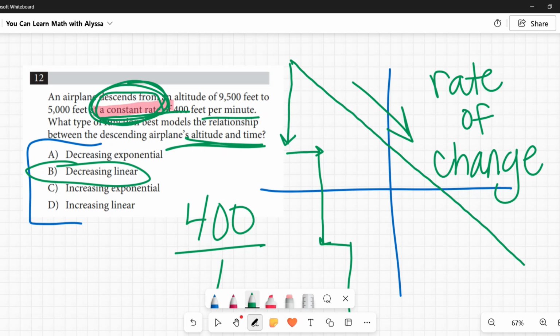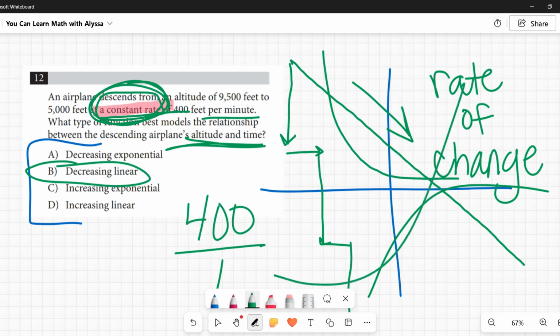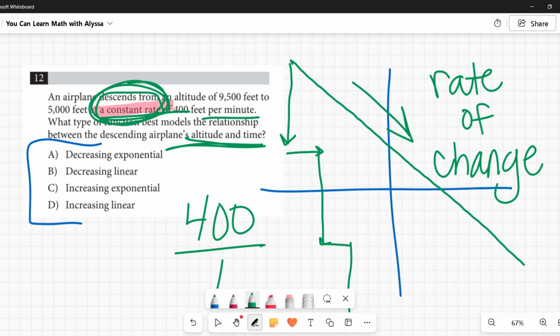Either of those would make it exponential, like it starts and then slows down, or it starts and then speeds up. I'm just making a mess of this, aren't I? Any of those descriptions would indicate an exponential, but that's not the case here. Decreasing linear is my answer, B.